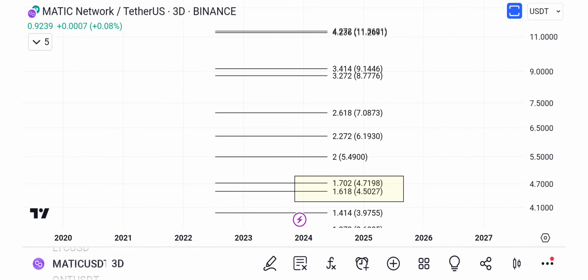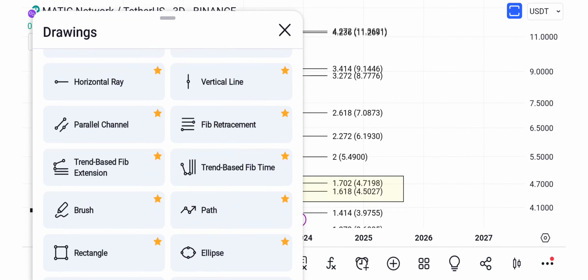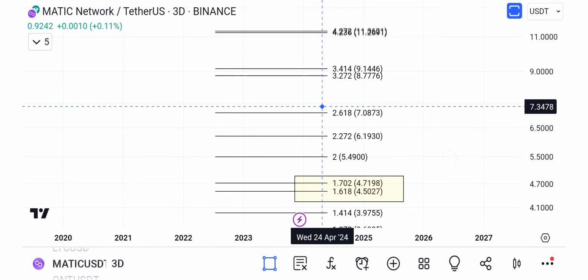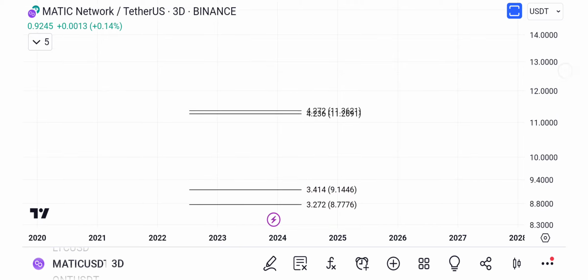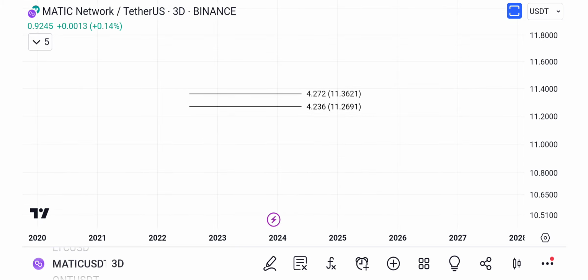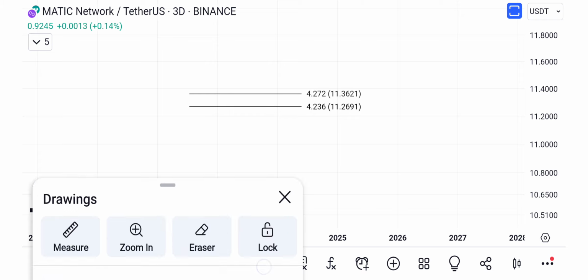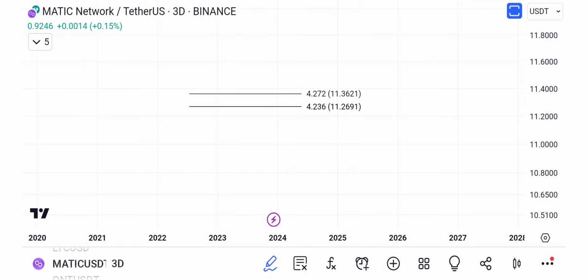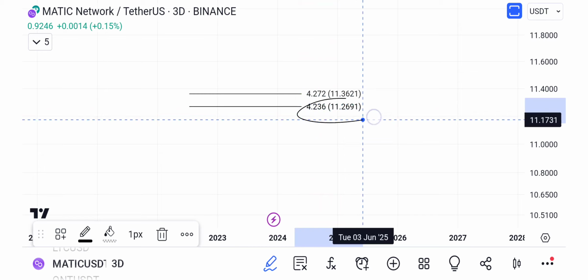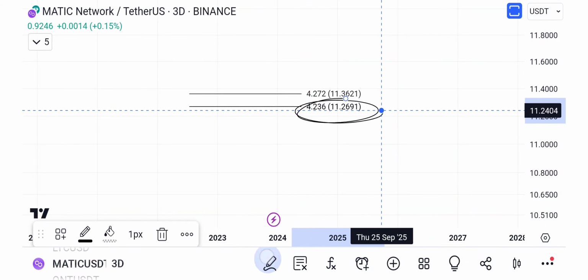The second target would be the 2.618 at $7.08. And then last but not least, a full Polygon Matic full 4.236 Fibonacci extension comes in at a whopping $11.26. So right there, that would be a full extension.